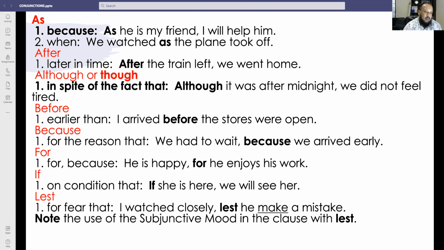And after means later in time, and before means earlier than. Because, for the reason that. We had to wait because we arrived early. So there are many conjunctions which give the meaning of because. So we may go through that and this will help us to understand the words with their meanings.